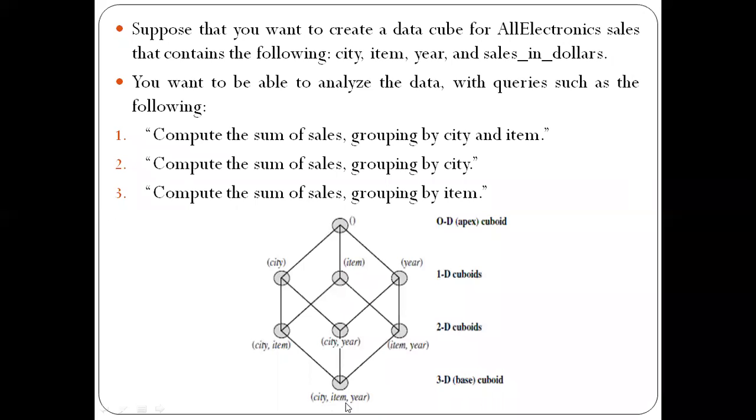If you perform the compute cube operator on this base cuboid, it is going to return the total number of sales for any combination of 3 dimensions. Using this base cuboid, you can perform the compute cube operator, and you can perform that operation on any combination.